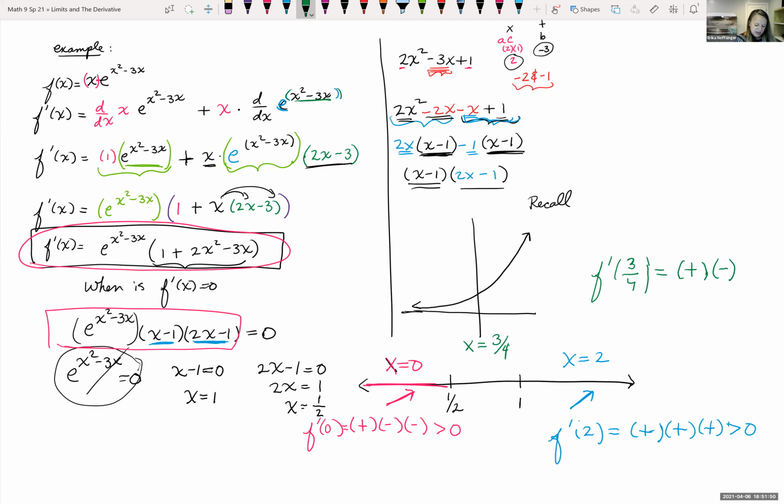And 3/4 times 2 is 1.5, minus 1, so that's positive. So positive times negative times positive is going to be less than 0, a negative number. It's going to be decreasing here.